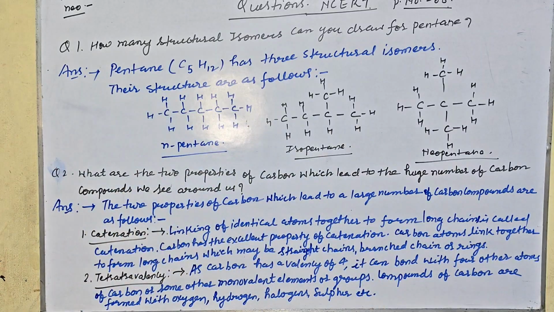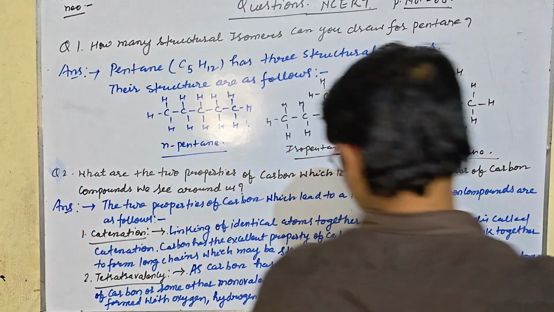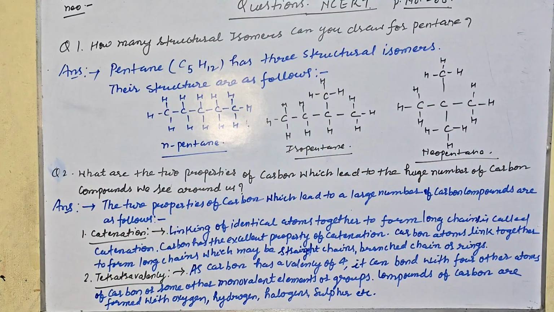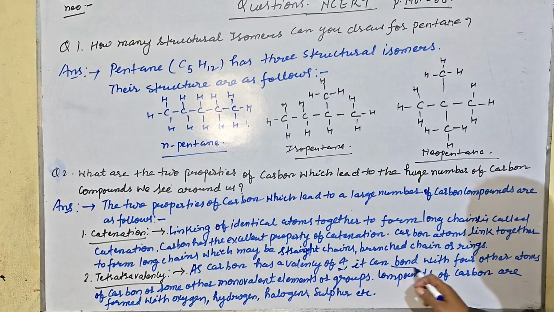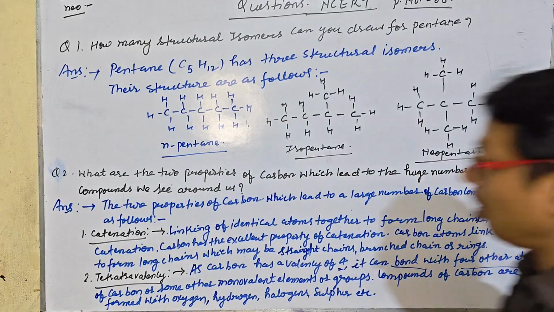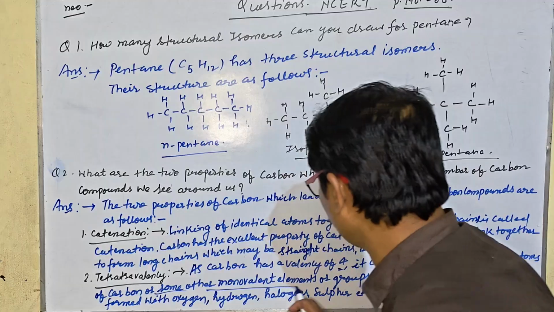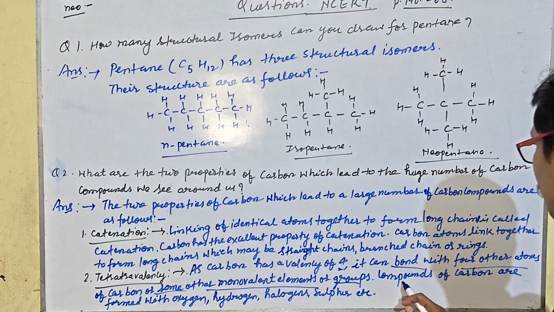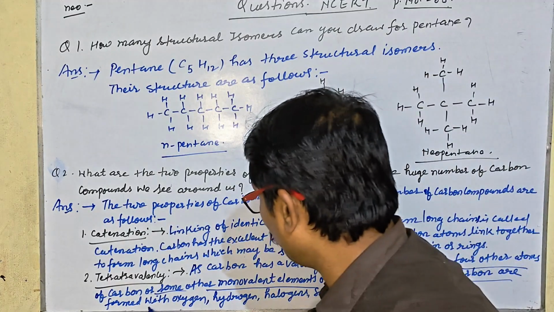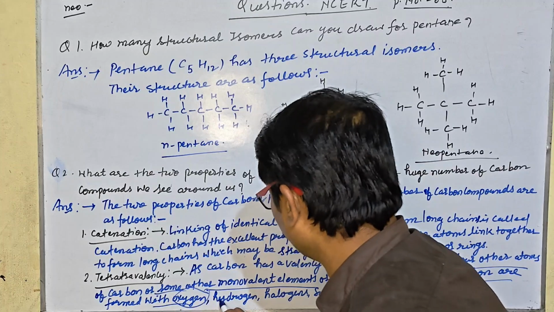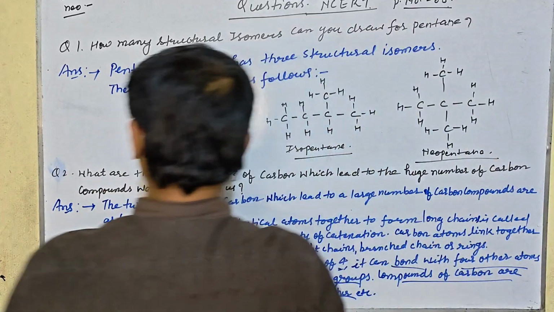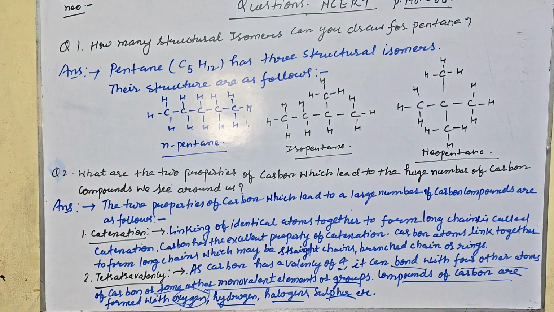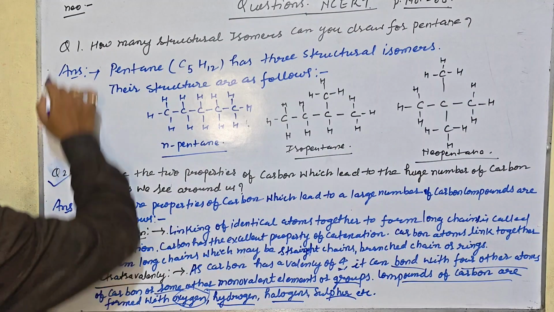So my dear students, as carbon has a valency of 4, it can bond with 4 other atoms of carbon or some other monovalent elements or groups. Compounds of carbon are formed with oxygen, hydrogen, halogen and sulfur, etc. So due to these two properties, carbon led to the huge number of carbon compounds we see around us.